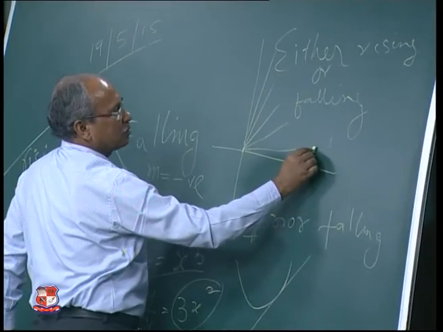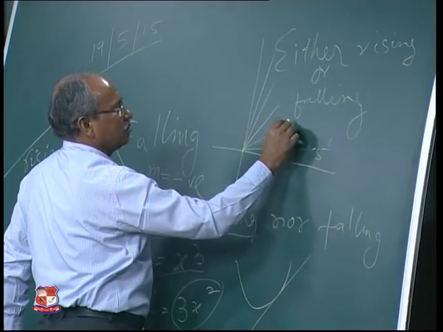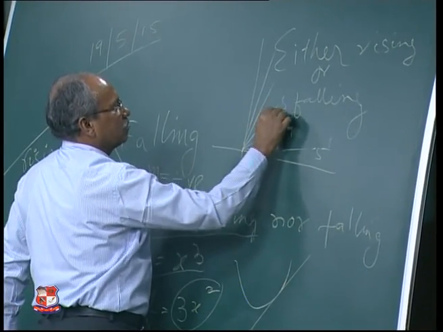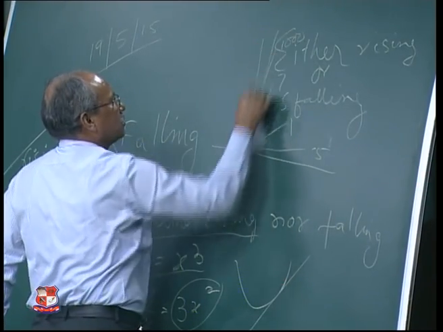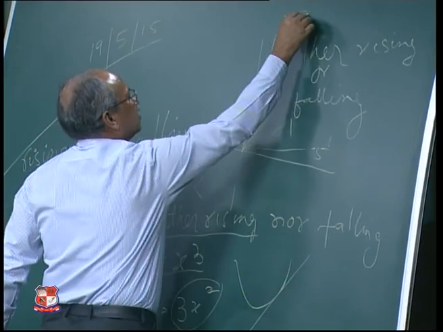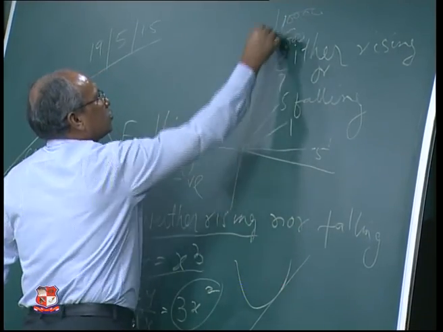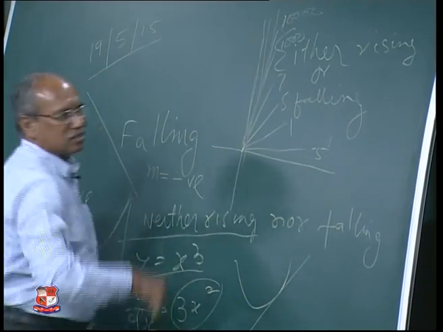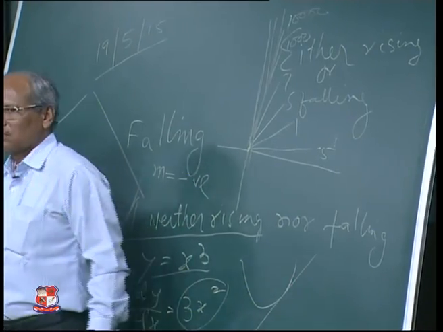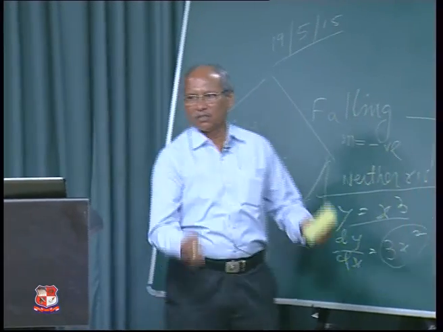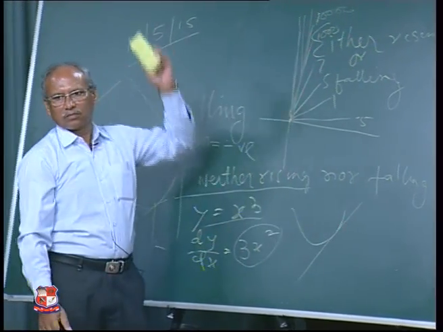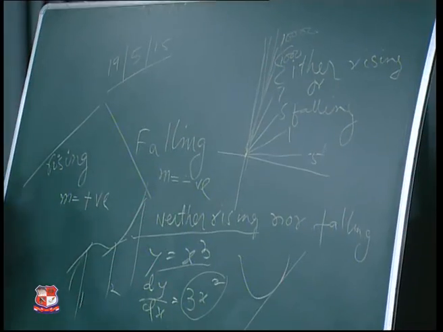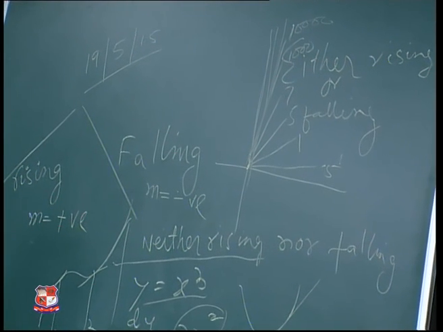So, this is suppose 0.5, this is 45 means 1, this is 5, this is 7, this is 1000, and then this is 10,000, this is 1 lakh, this is 2 lakh, this is 3 lakh, this is millions, boundless. So, when you approach this line towards 90 degrees, it goes unbounded, almost you can say infinity.